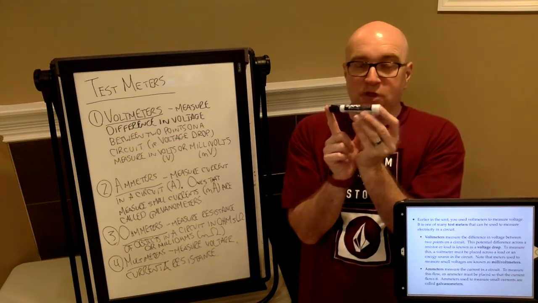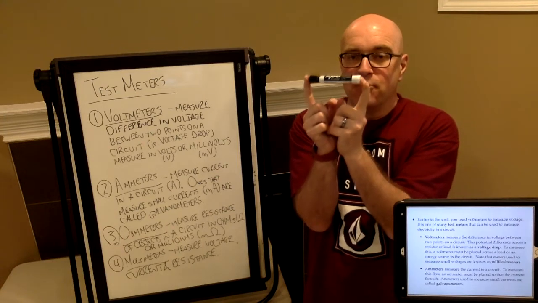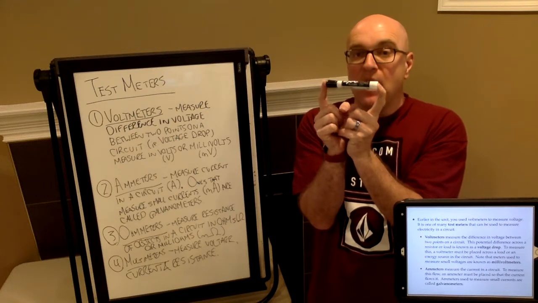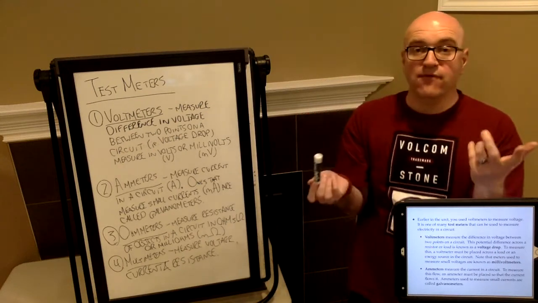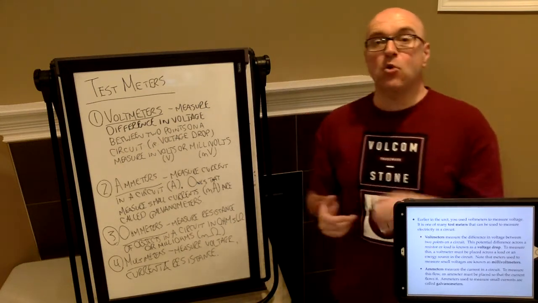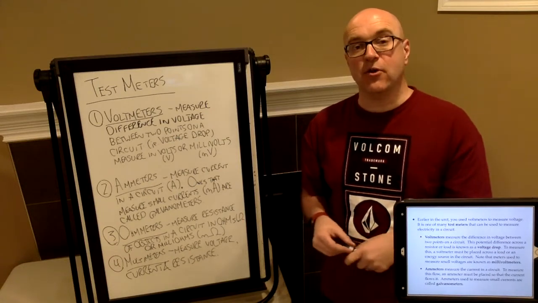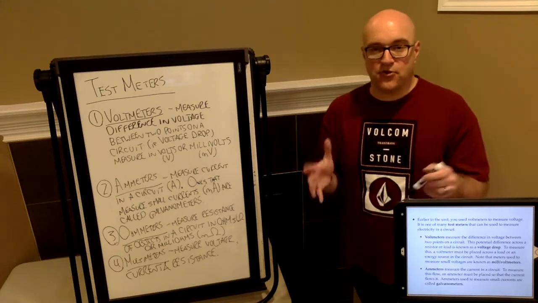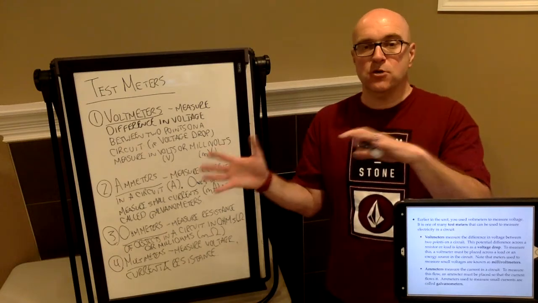Well, if that battery is fully charged and I put the two ends of my voltmeter on either end of that battery, I should measure roughly 1.5 volts. The lower that voltage is, the closer it gets to zero, which means that the battery is being depleted. So when you measure voltage in a circuit, you have to measure it between two parts of the circuit.